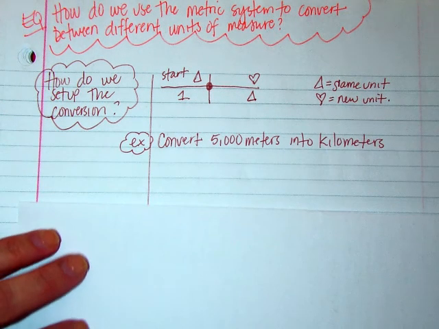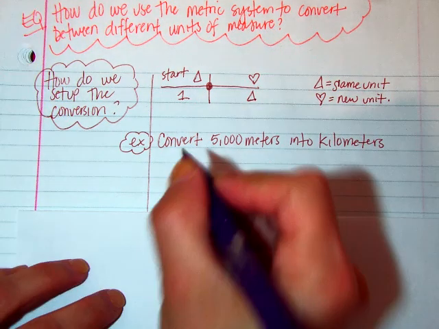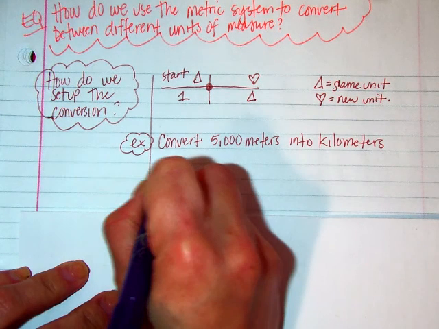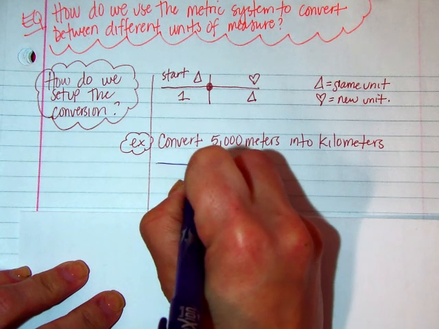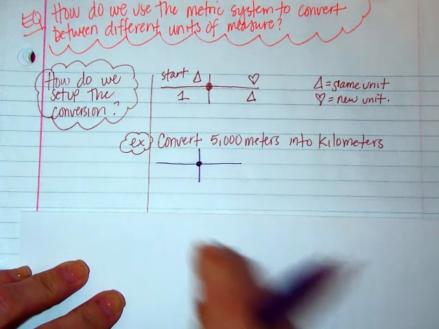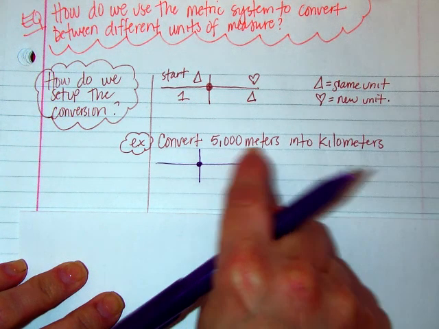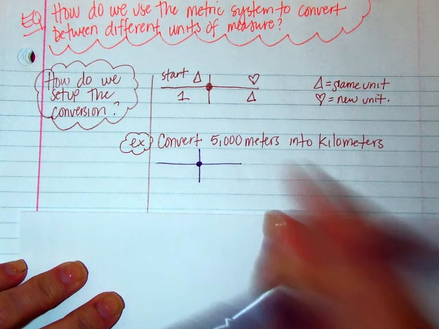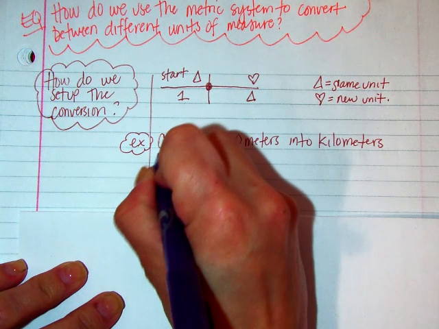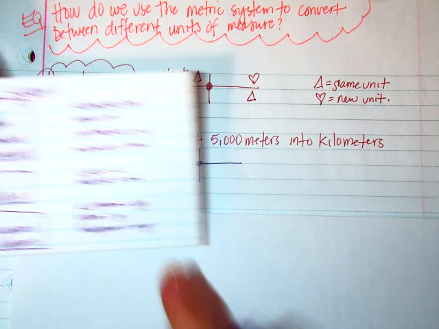Okay, so let's start with our first example. We're going to be converting 5,000 meters into kilometers. So we're going to set up our two fractions. Remember, we're multiplying, okay? And in the first fraction, we're always going to write down what we're starting off with. So I have 5,000 meters, and go back to your card.